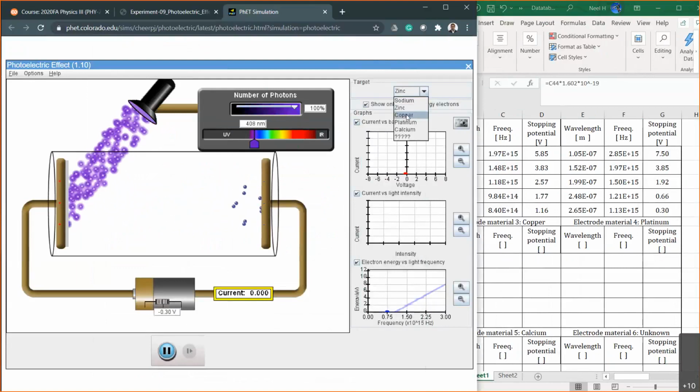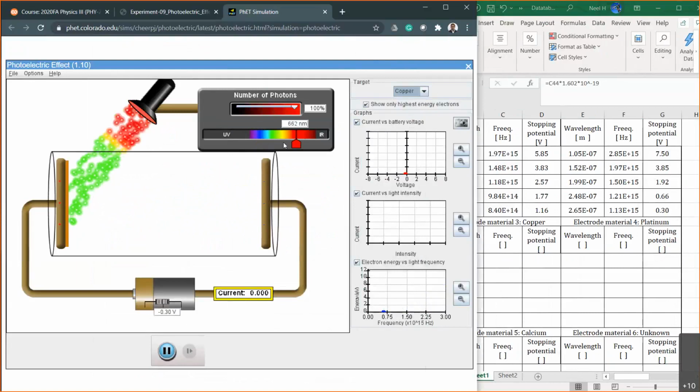Let's try the copper. Now, if I have copper, you can see the visible region doesn't produce any current at all, even the highest visible, because it's a very good metal. It is not really good for this kind of application. But for the highest UV region, maybe we are able to get some current here.